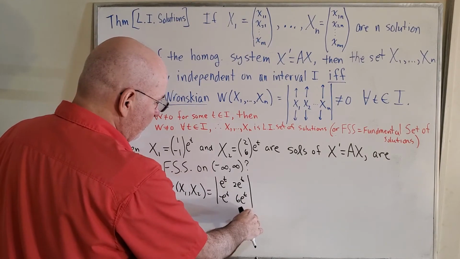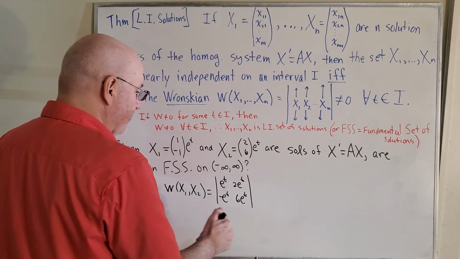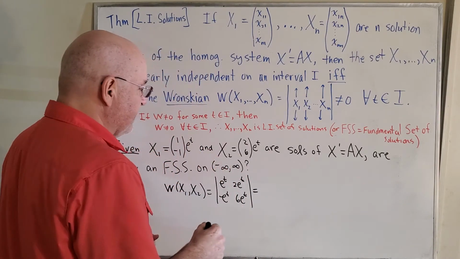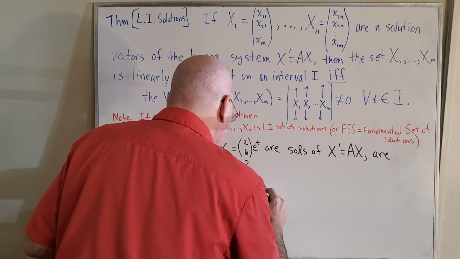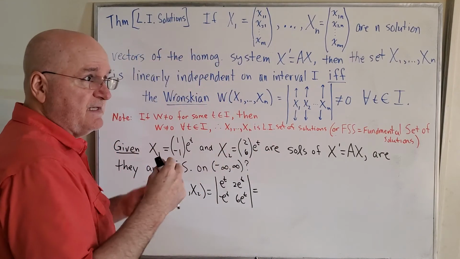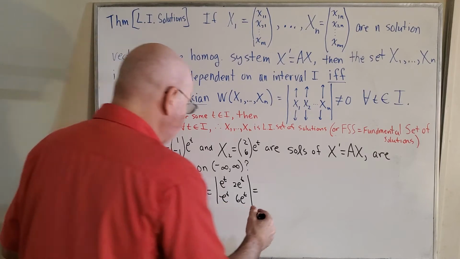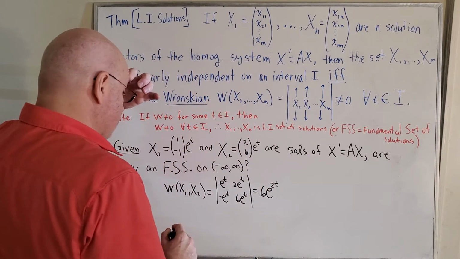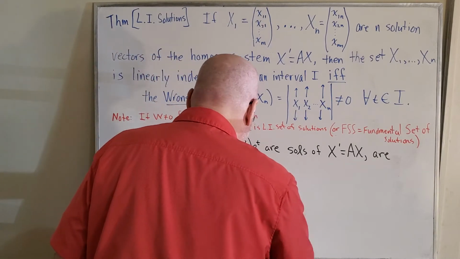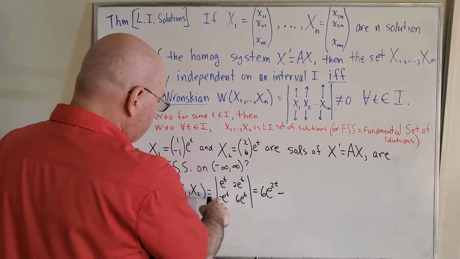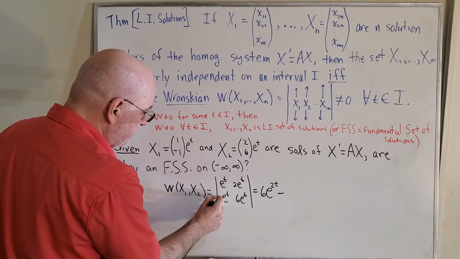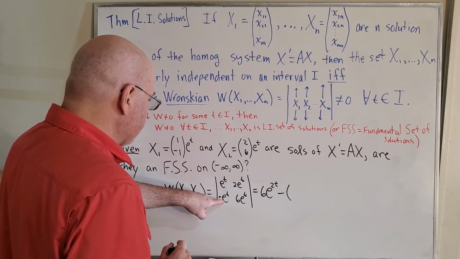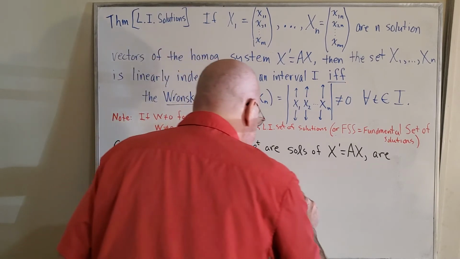It's just this diagonal product minus this diagonal product. So we would get 6e to the t times e to the t, and e to the t times e to the t is e to the 2t. So 6e to the 2t minus this product. Oh, that's a negative here. So I'll just write it down as negative 2e to the 2t.